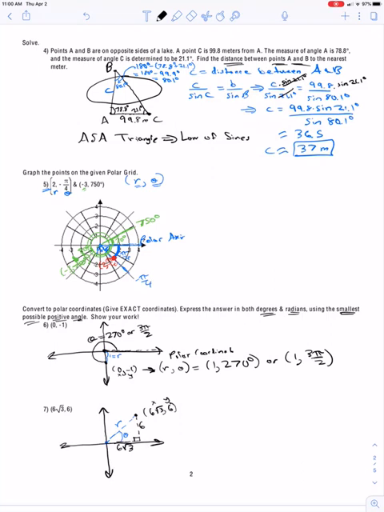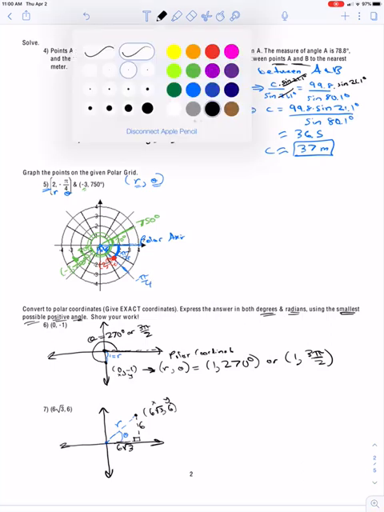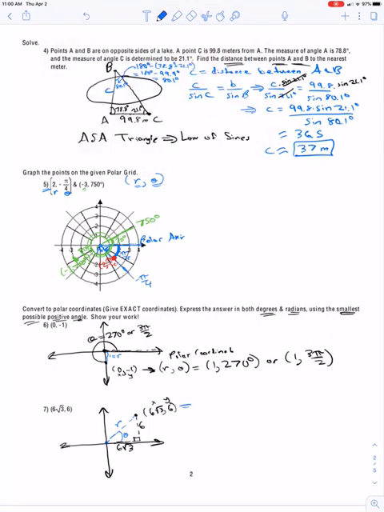If we want to convert, we want to find r and theta. So let's get r. r is the hypotenuse, so let's use the Pythagorean theorem, which will allow us to find the radius. r squared equals the sum of squares of the other two sides, the two legs: (6√3) squared plus 6 squared.